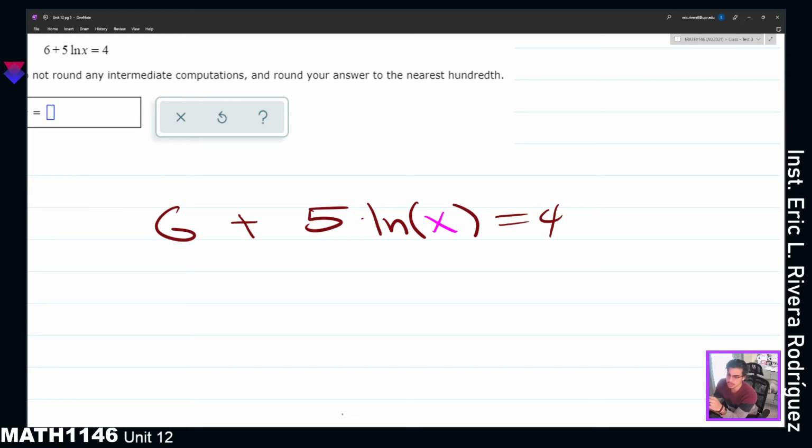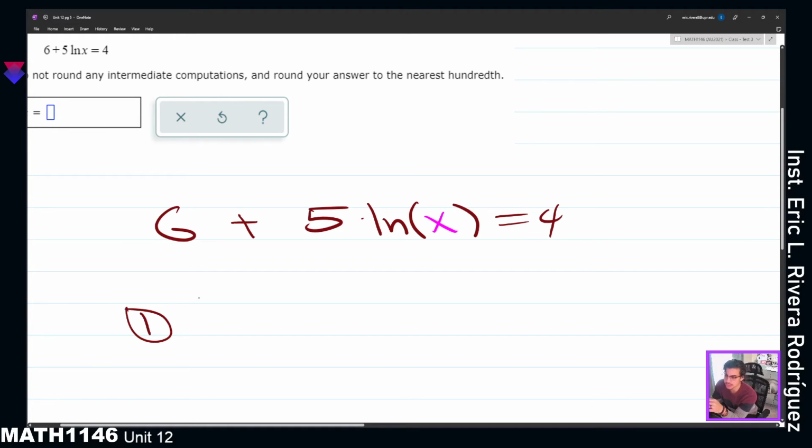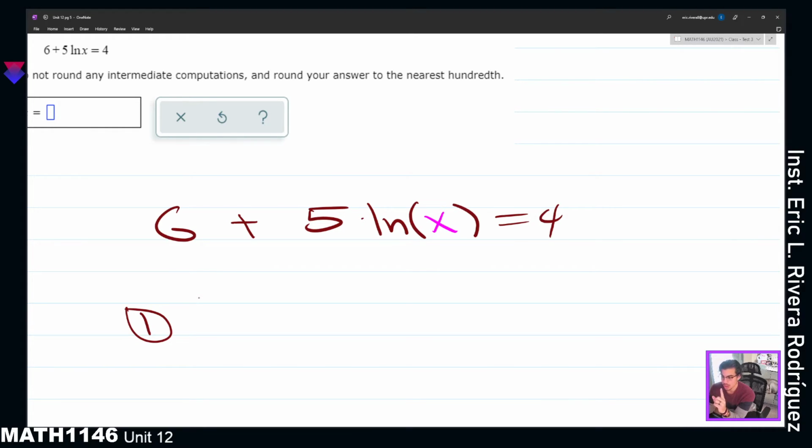The first step will be, since we have the unknown variable in the argument of the logarithmic function and we need to solve that equation for that variable, to isolate the logarithmic function entirely on one side of the equation. We have only one logarithmic function in this equation.